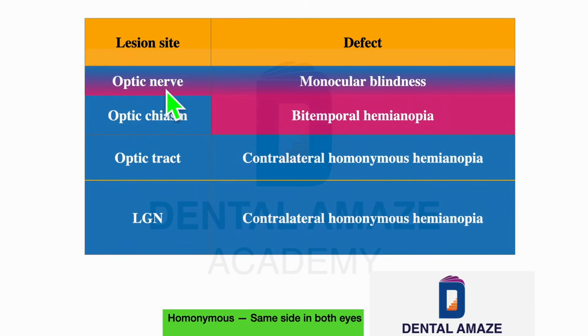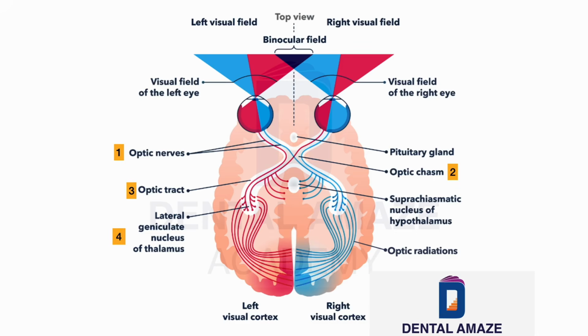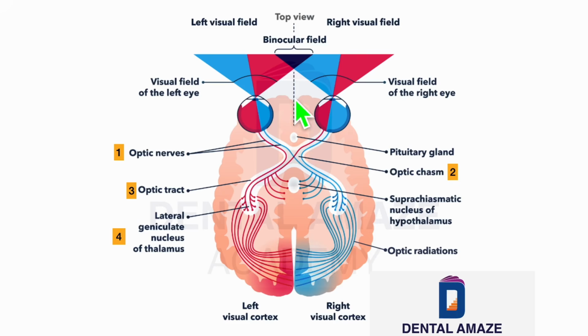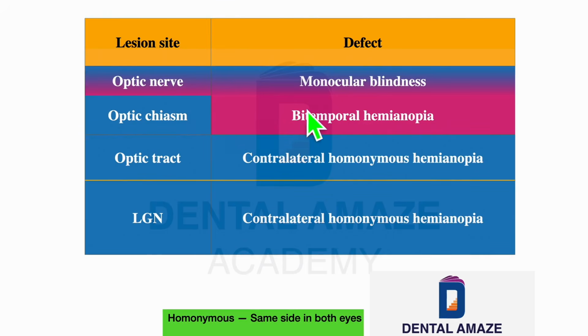Now I just tried to include color combinations in a way that will also help you remember. The optic nerve formation is a blue and red combination. Then the optic chiasma has blue coming from this side and red from this side, so I made it blue and red.